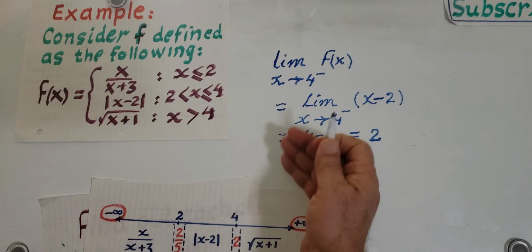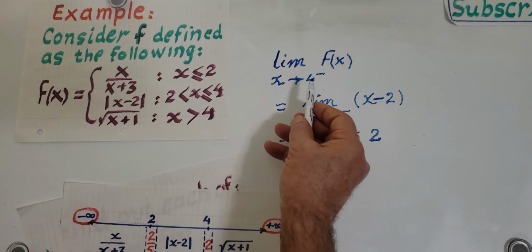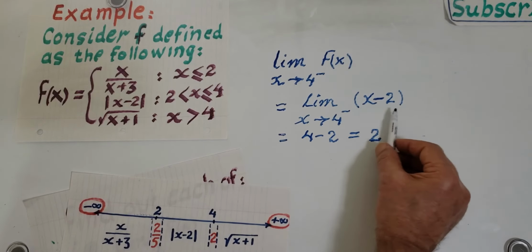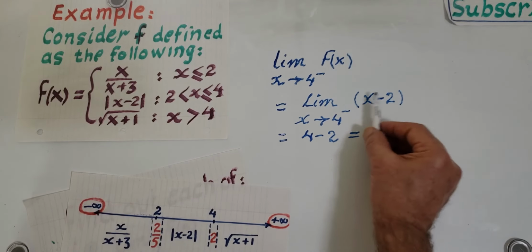Before going to the limit when x approaches 4 from right, I want to explain this point.